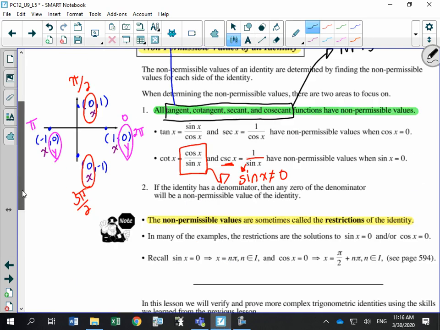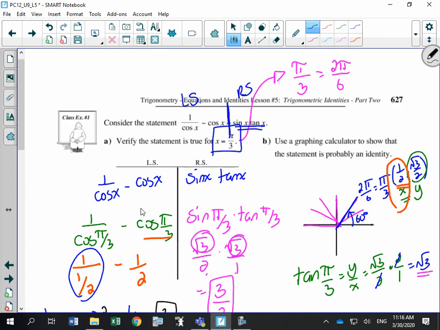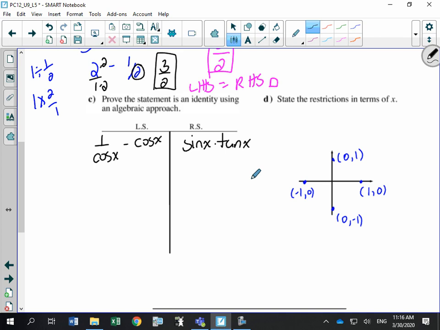I'm going to change tan of x, because remember that, which point was it that said, if necessary, change all trig ratios to sine and cosine? So scanning this question, right away, I want to change this, right? So I would say, okay, the right-hand side is sine of x. Tan of x is sine of x over cos of x.